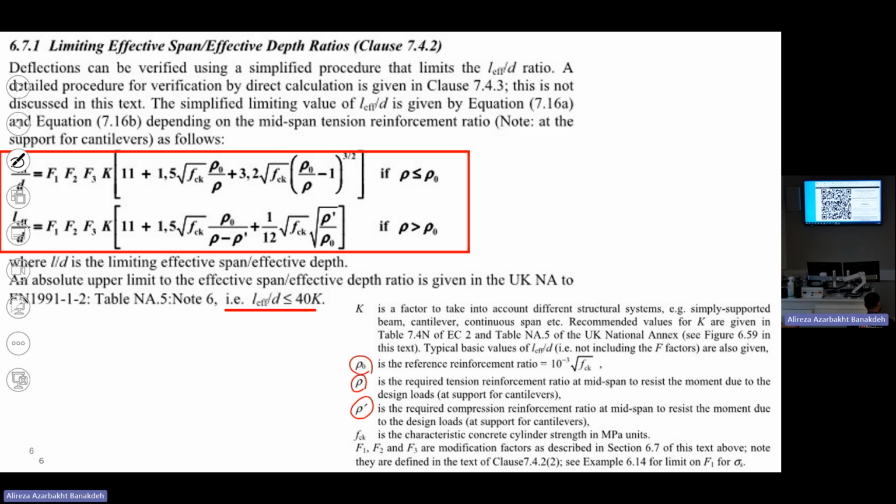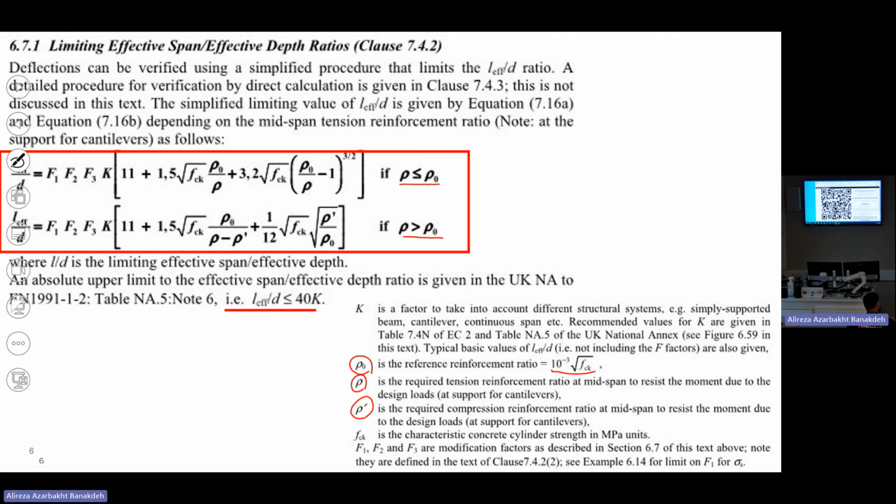Rho 0 is the reference reinforcement ratio, which is this simple formula, 10 to the power minus 3 times the square root of fck. When you know the concrete grade, you know the fck. If it's C30/35, 30 megapascal is fck, isn't it? So we can simply calculate rho and rho 0, and we can figure out which formula we are allowed to use. But let's take a look at the other parameters.